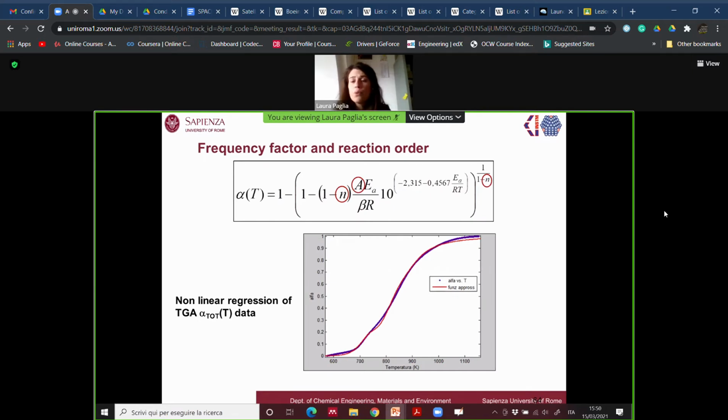Then, once I have obtained this parameter, the activation energy, I have two other parameters which have to be evaluated. And for this purpose, I can use different tools.